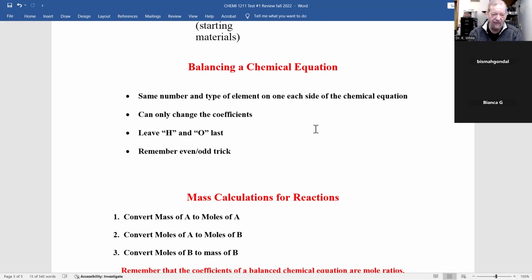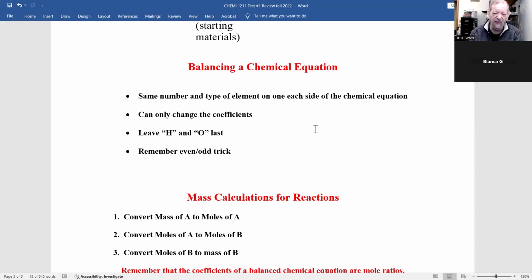So what that means is when you have a chemical equation, and this is called balancing it, you have to have the same number and type of an element on each side of the chemical equation. And when you're balancing it, the number in front, and I'm going to show you this in a second, is called the coefficient. You can't change the chemical formula. Students try and do that.